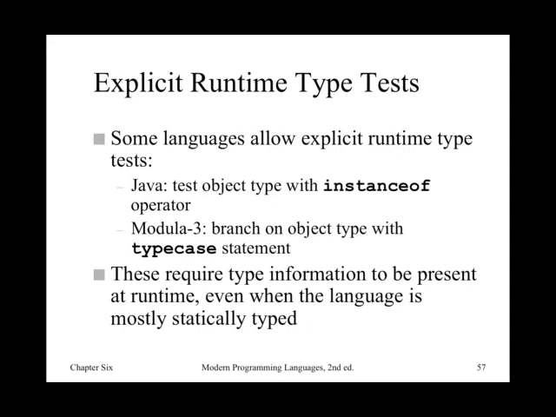So in Java, you've got the instanceof operator, and I can test the object type myself in the code itself. And for that to run and work, I've got to have information present at runtime, even when it's primarily statically typed.